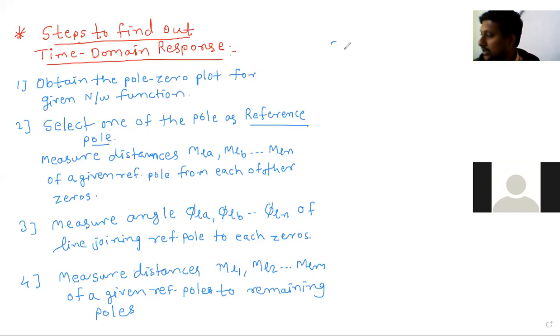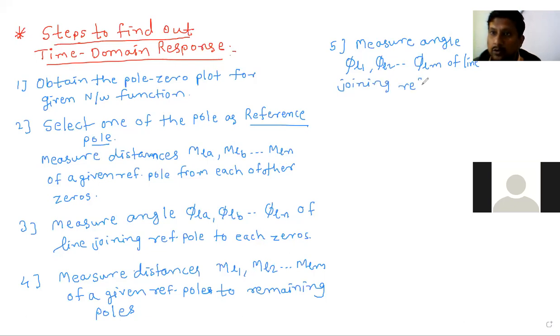Next, the 5th one, angle. Measure angles phi L1, phi L2 up to phi LM of the line joining the reference pole to remaining poles.